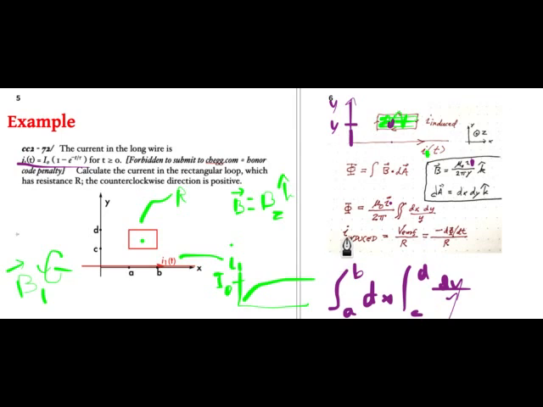Now I want to know the induced current. So that'll be the EMF divided by the resistance. And the EMF, by Faraday's law, is minus d phi dt. The time dependence is in this current I1. So when I differentiate I1, I'll get I0 times e to the minus t over tau times 1 over tau by the chain rule.